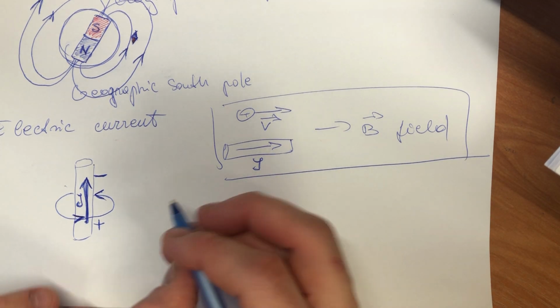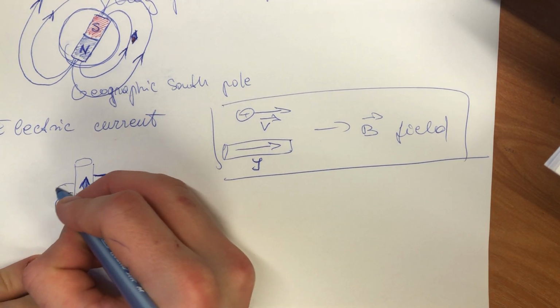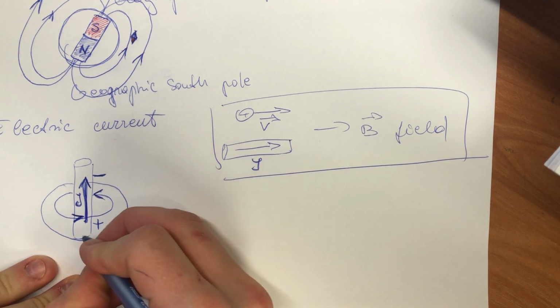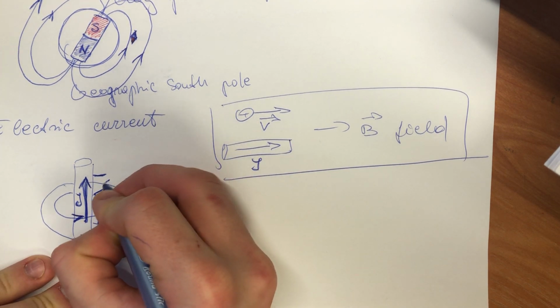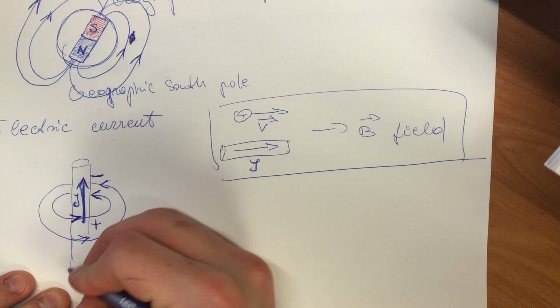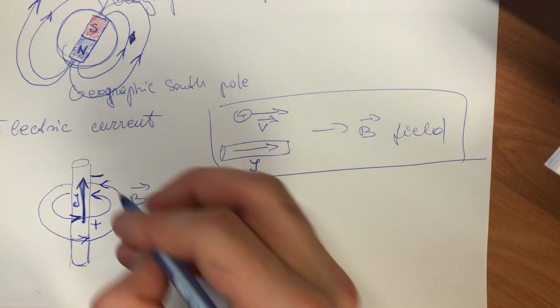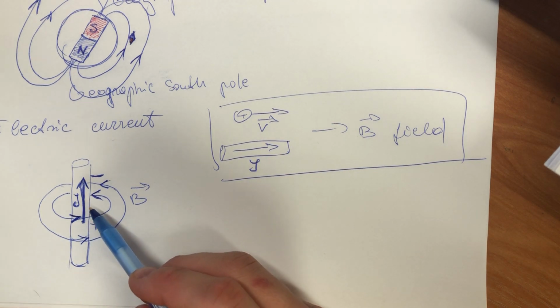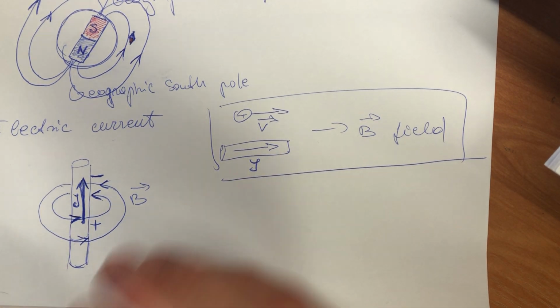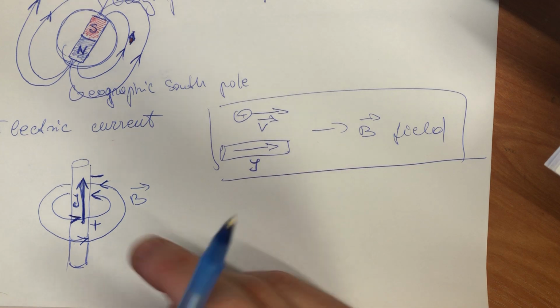Around the wire there is a magnetic field. The closer to the wire, the stronger the magnetic field. So this was the right hand rule. You do it with the right hand.